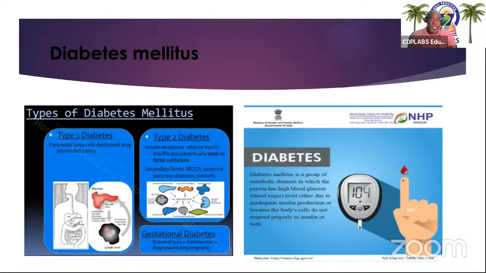So if a large content of sugar is in your blood, it means the homeostasis that should take place through insulin is not taking place.